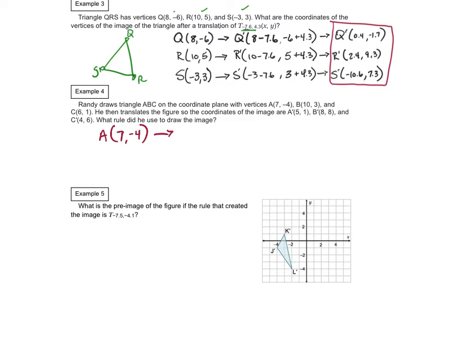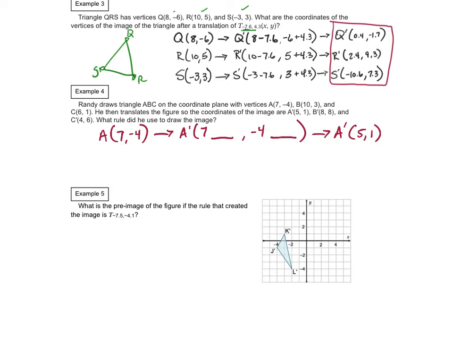And it mapped to A prime, which would be 7 something, and then we had -4 mapped to something. And that gave us our new A prime, which was (5, 1).